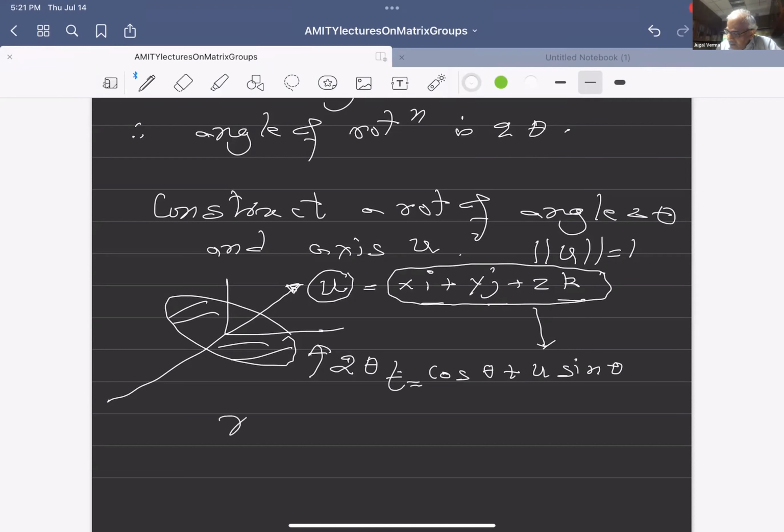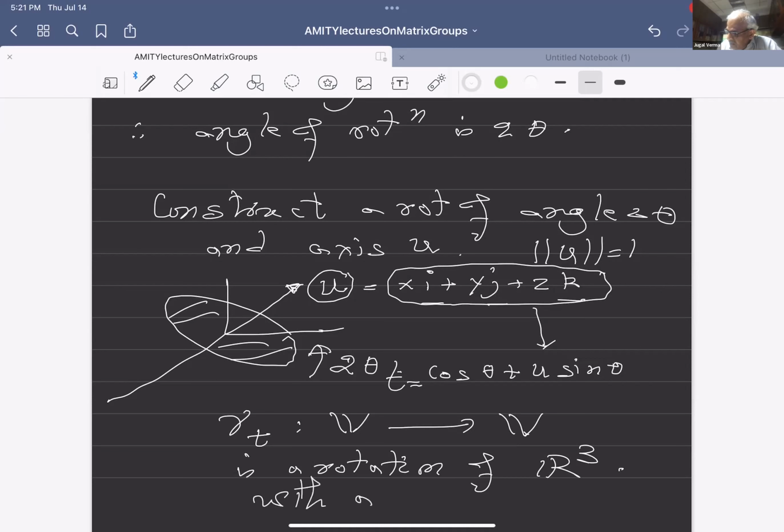Then gamma t, from the space of purely imaginary quaternions to purely imaginary quaternions, is a rotation of R3, with axis u and angle 2 theta. That's what this theorem is saying.